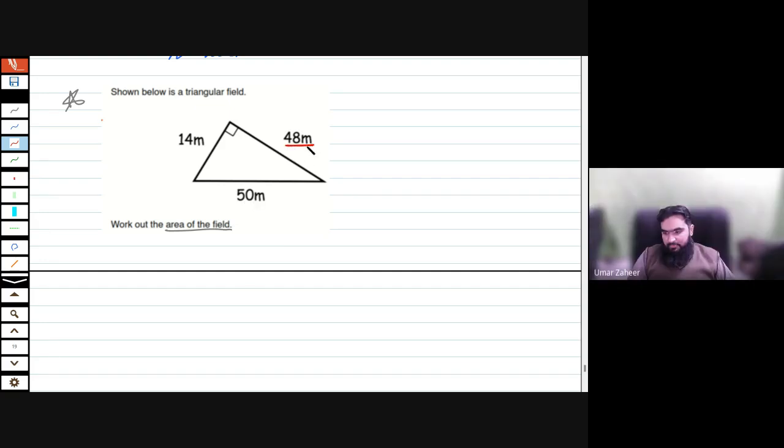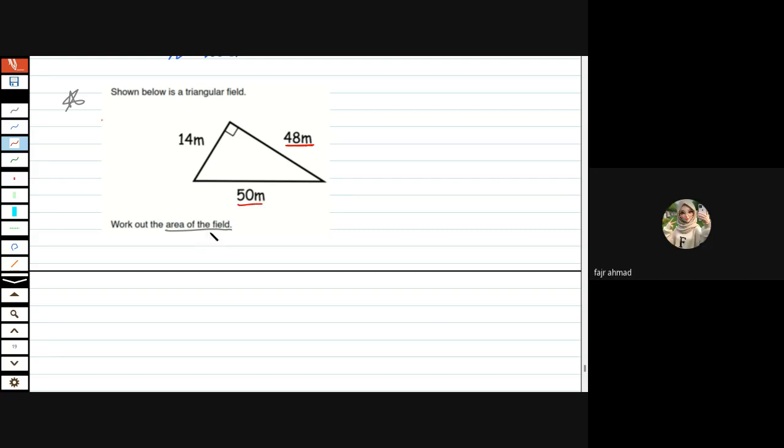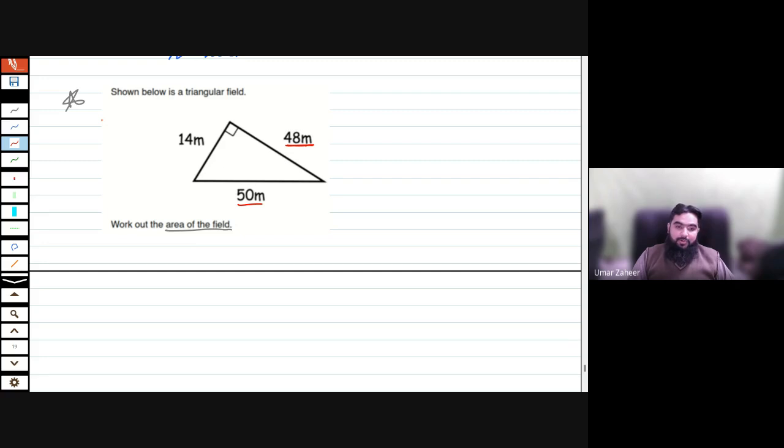What is the angle between 48 and 50? I'm talking about the angle. We are not sure. You have to find which side is going to be base and which is height. You have only one condition: they are making a 90-degree angle. So clearly, we don't have a 90-degree angle between these two sides or between these two sides.